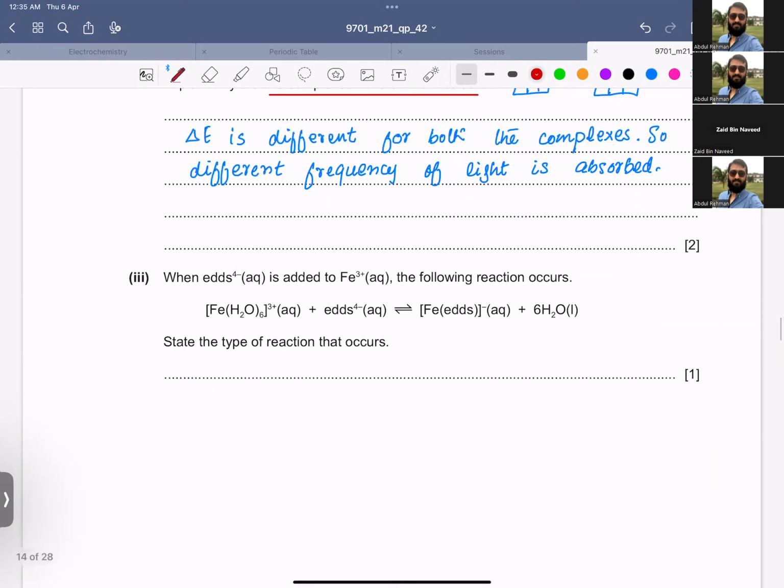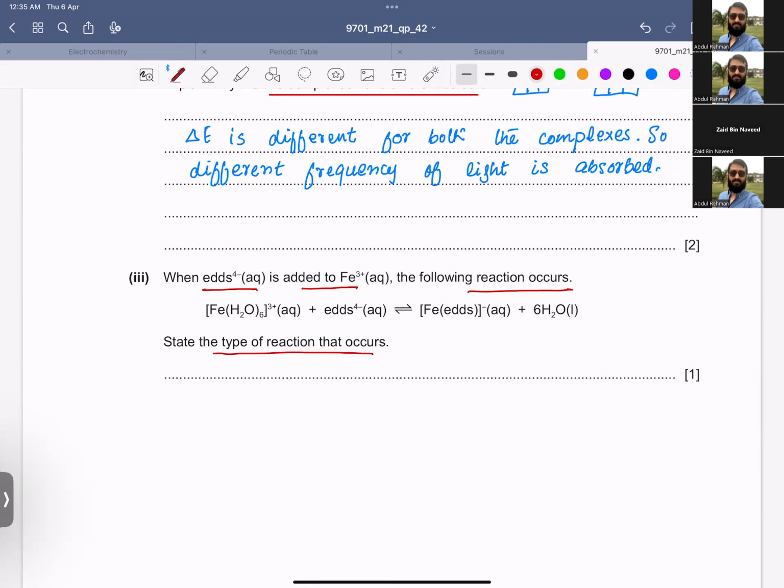Now, next part. When EDDS4 negative is added to Fe3 positive, the following reaction occurs. State the type of reaction that occurs. Which reaction can it be?